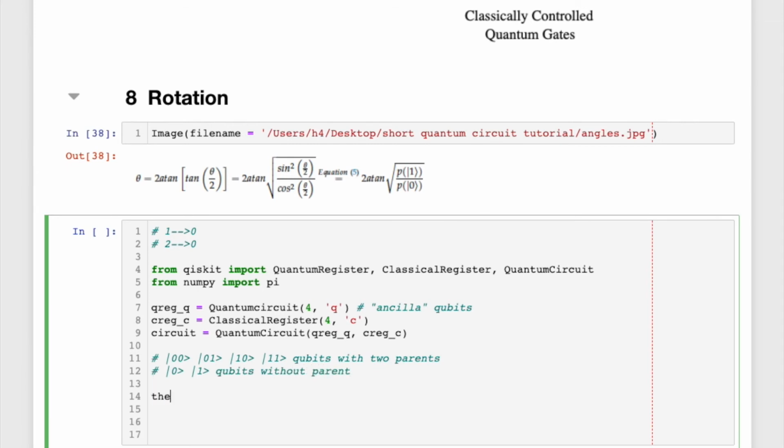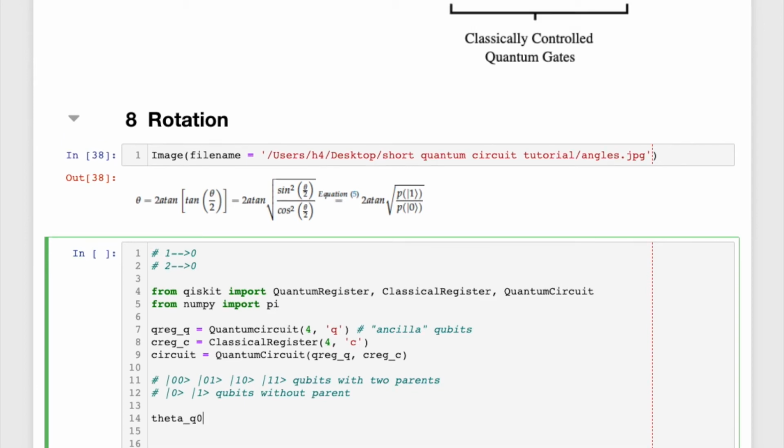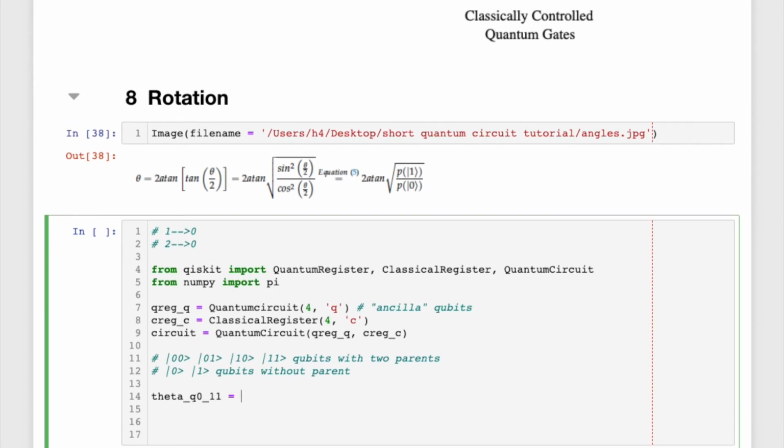And so we describe some rotations that are going to fit just some random numbers: theta q0 0 0, and so on, 1 0, I don't know, 1.14, and this is for qubit 0.